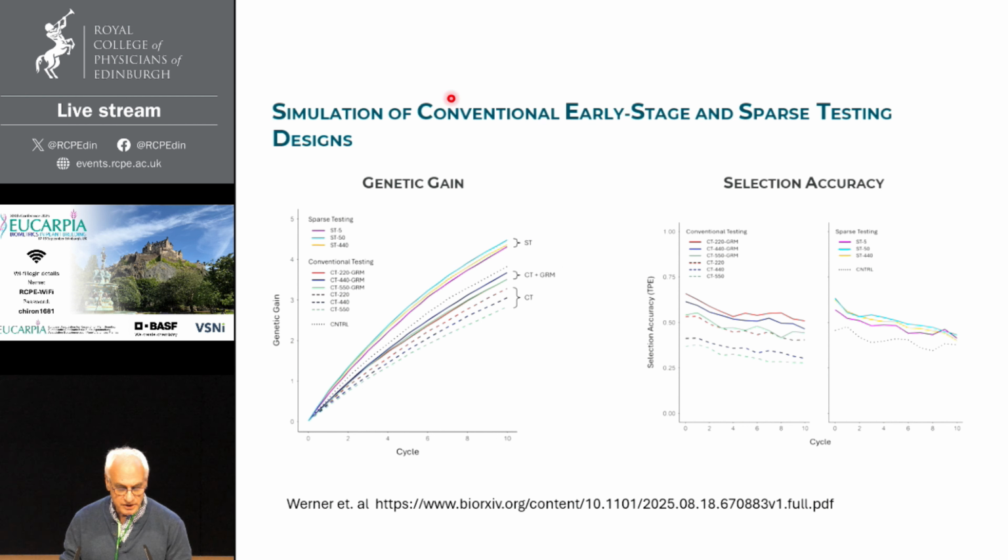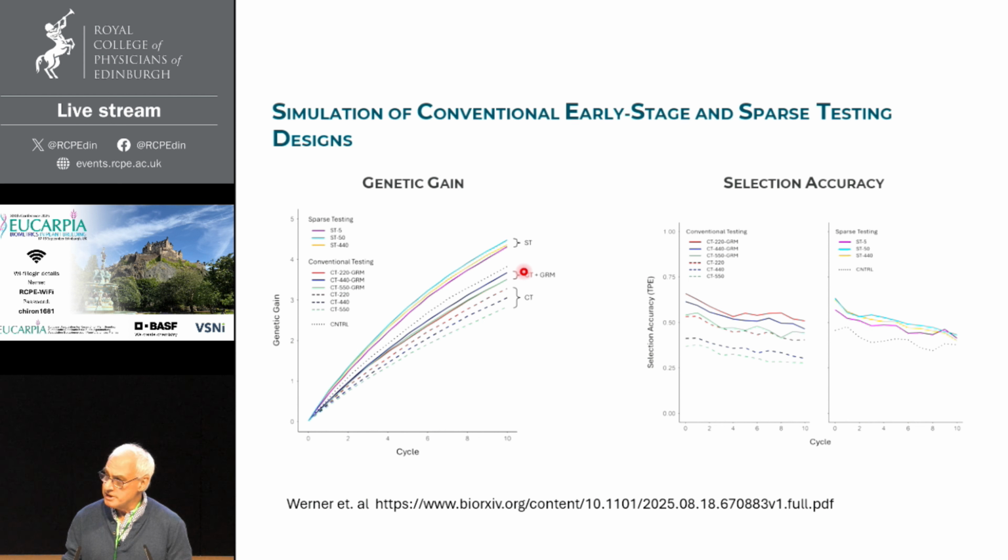We'll just focus on the right hand, my left side of this figure. Gain that was achieved on average across simulation runs over 10 cycles of selection. I think this is expressed in genetic standard deviation units, right? The conventional scenarios are these three lower scenarios.